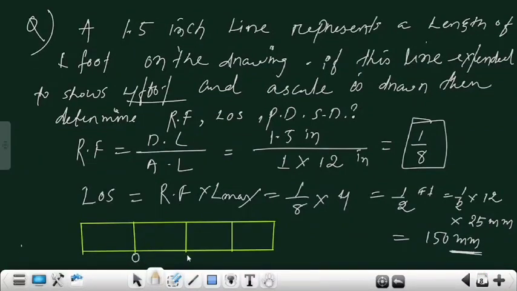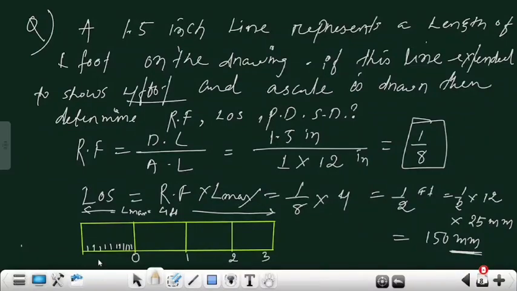Starting from 0, 1, 2, 3, and this part we have to divide into inches. These are all in feet, and 4 feet is the max. This part we can divide into inches, and it is 12 equal parts: 1, 2, 3, 4, 5, 6, 7, 8, 9, 10, 11, 12.